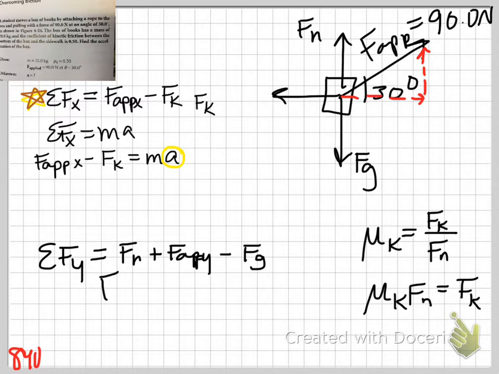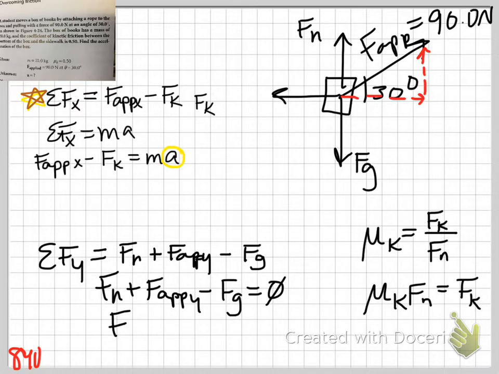Well, we know that this equals 0, so Fn plus F applied y minus Fg equals 0. Can I get an expression for Fn out of that? Yeah. So I can do Fn equals Fg minus F applied y.